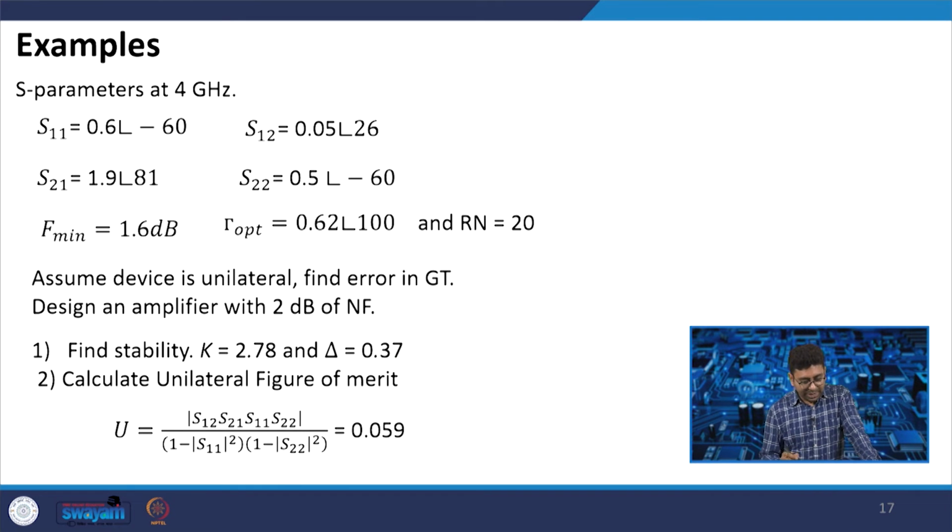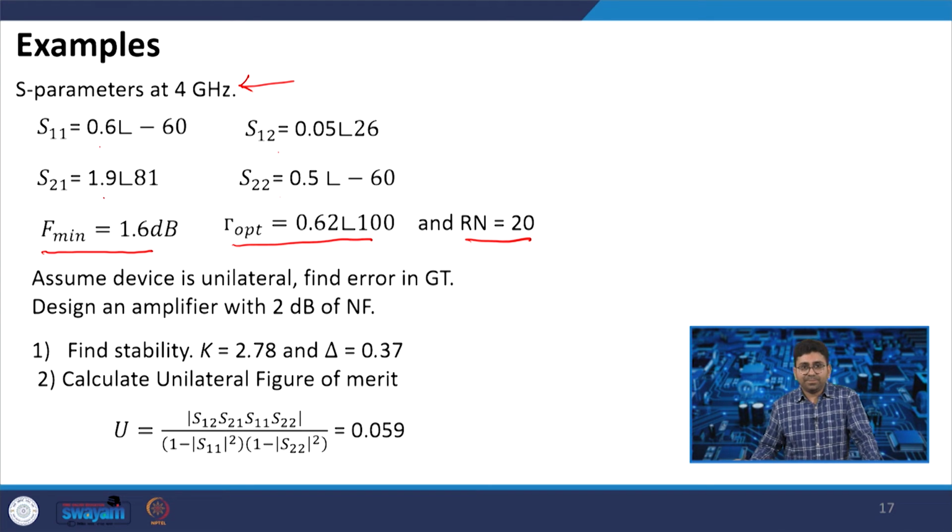So, the S parameters at 4 gigahertz are given to us by the foundry, or you can use a simulator. The S parameters S11, S12, S21 and S22 are provided. F min, meaning the minimum noise figure, is also provided, that is 1.6 dB, when you use a gamma opt of 0.62 angle of 100, and your noise resistance Rn is given as 20 ohm.